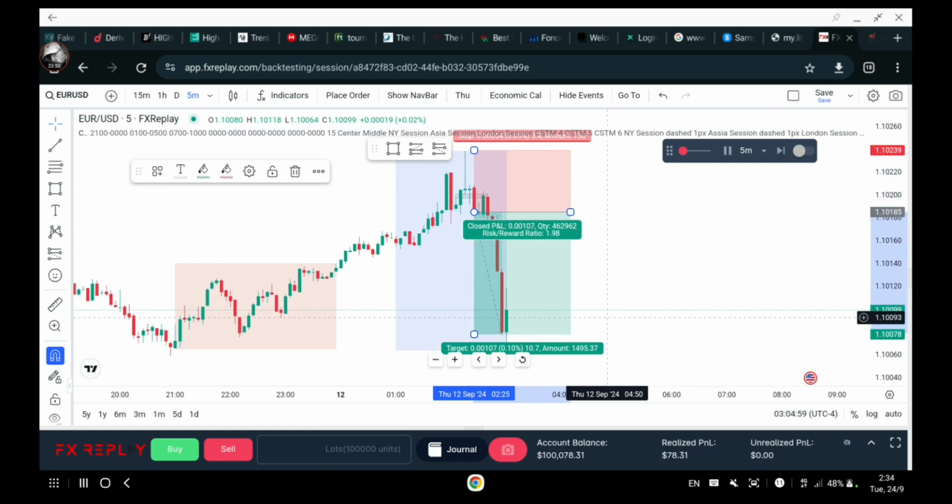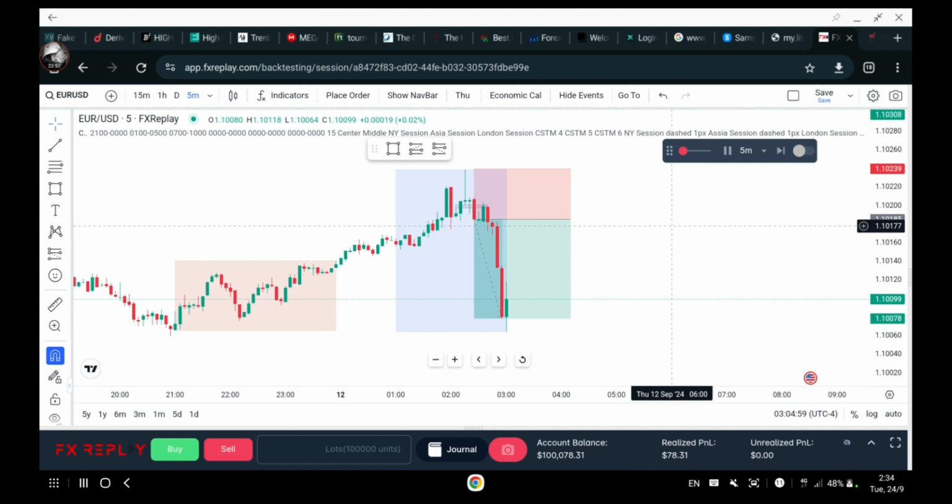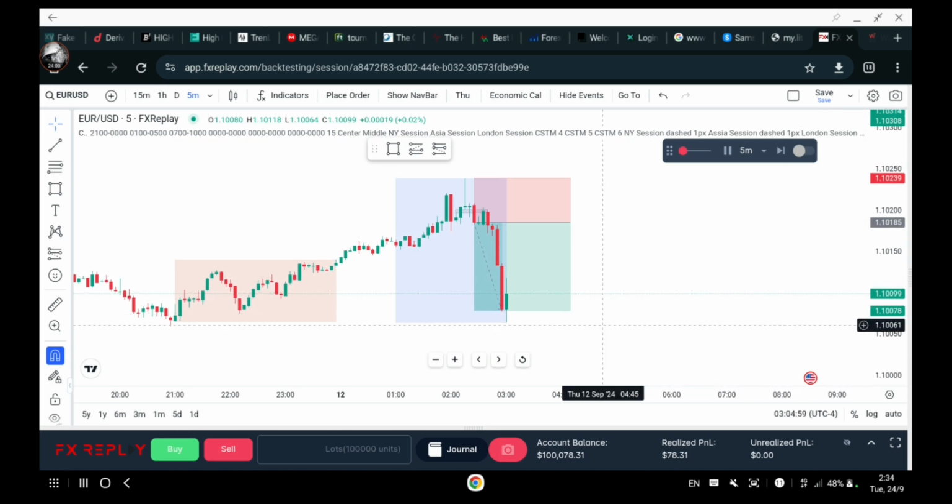Straight to TP. We're back at break even. Let's just see if we can pass a challenge trading like this, or we can get 6% or 7%, somewhere around there, in just 1 month. So we are back at break even, and let's move to the next trading.